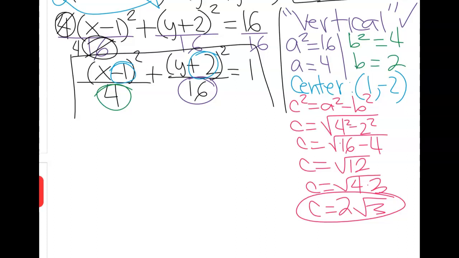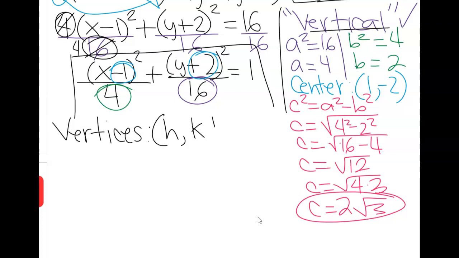So in this case, for the vertices, because it is a vertical ellipse, we will not do anything to h, but we will be making the changes to k just because it's vertical. So it will be k plus minus, remember, one of each. That will be the value for a.